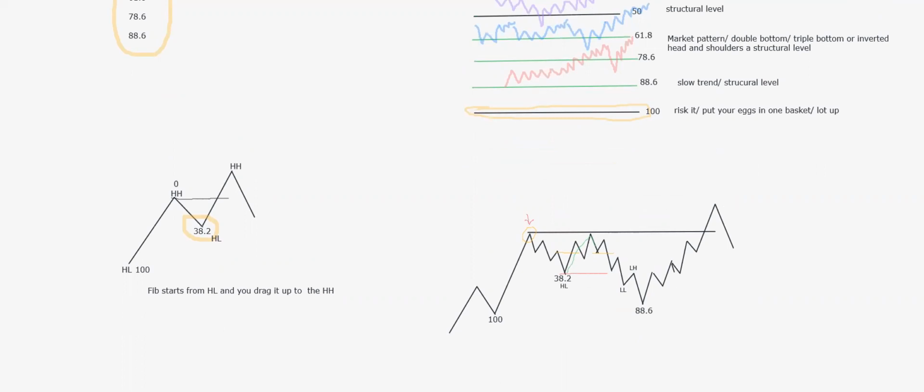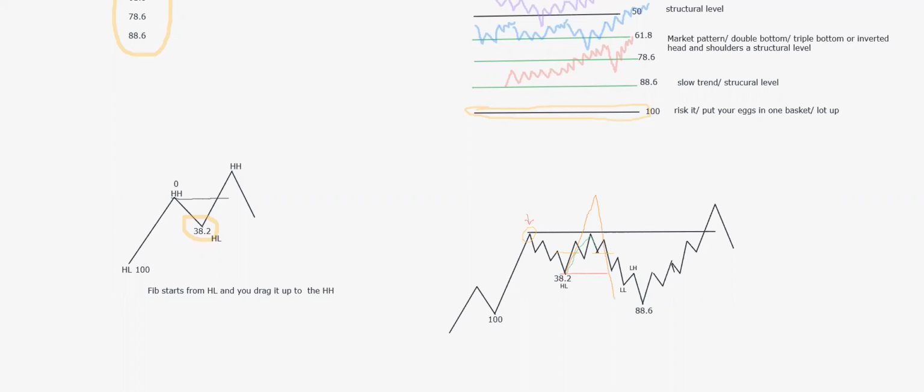So for example's sake, if this 38.2 was the trend to break this, right? Now we can say when price finally comes down here and breaks 38.2, we can officially say the trend has changed from an uptrend to a downtrend. Okay, now here's the thing.